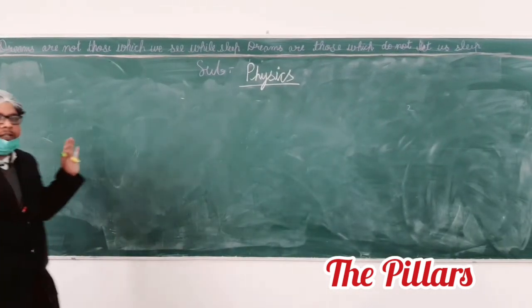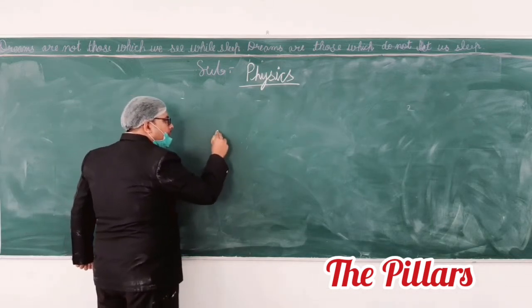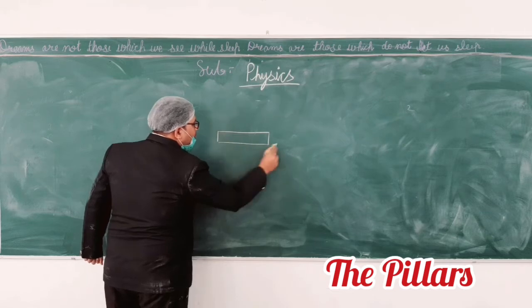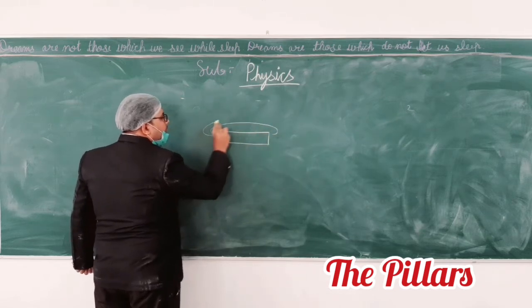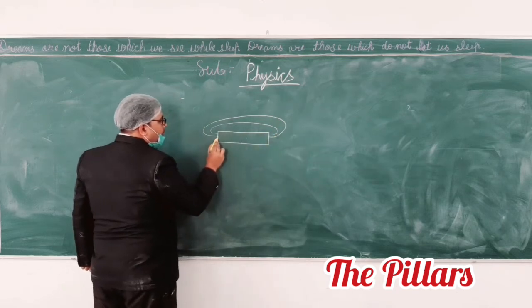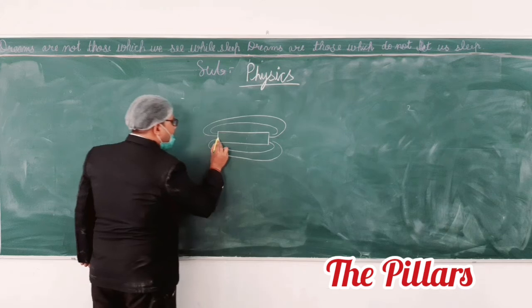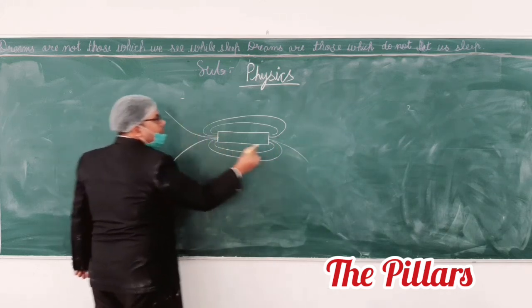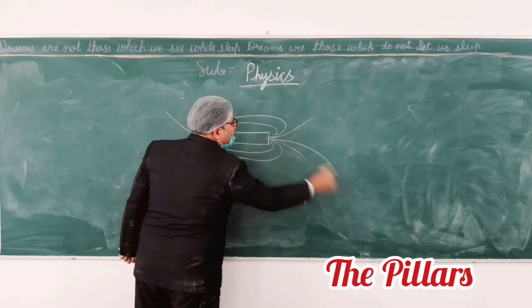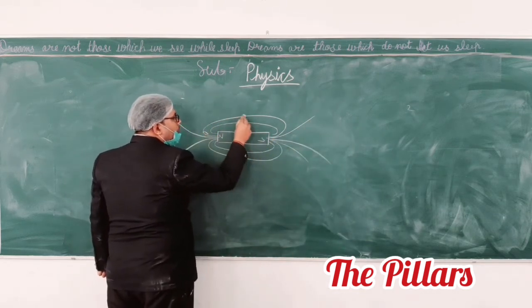Now strength. If you draw magnetic lines of force, I am drawing roughly. See, they are originating from the North Pole and terminating at the South Pole.